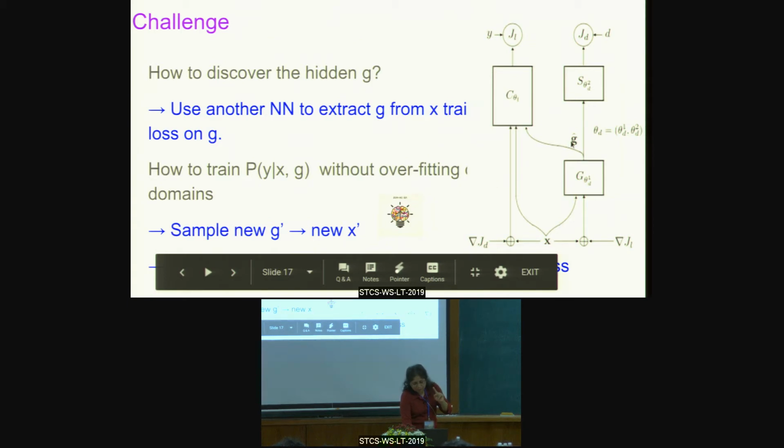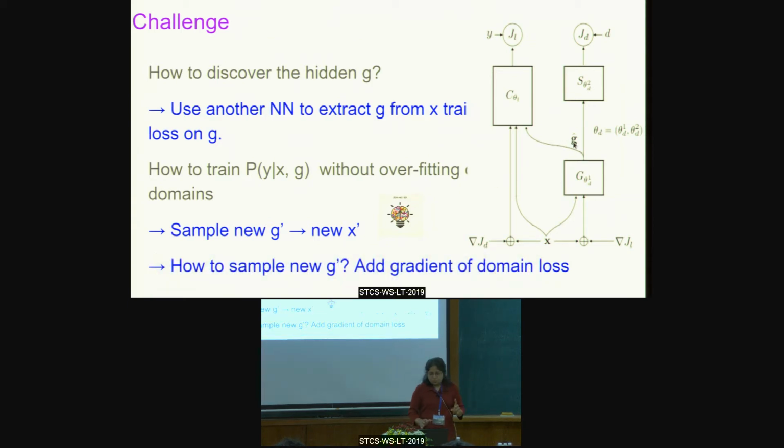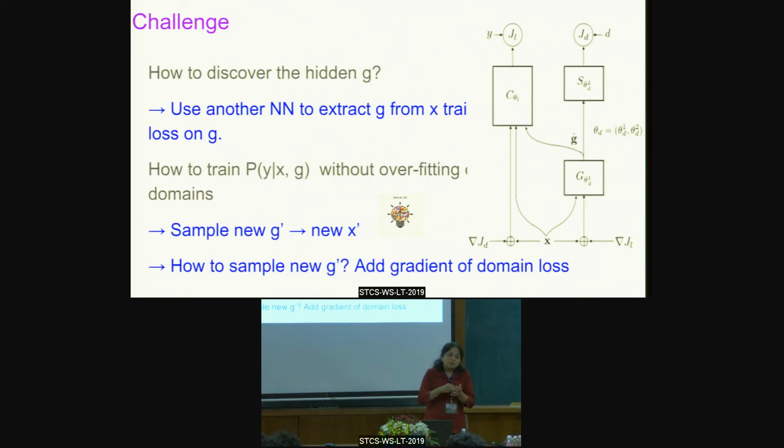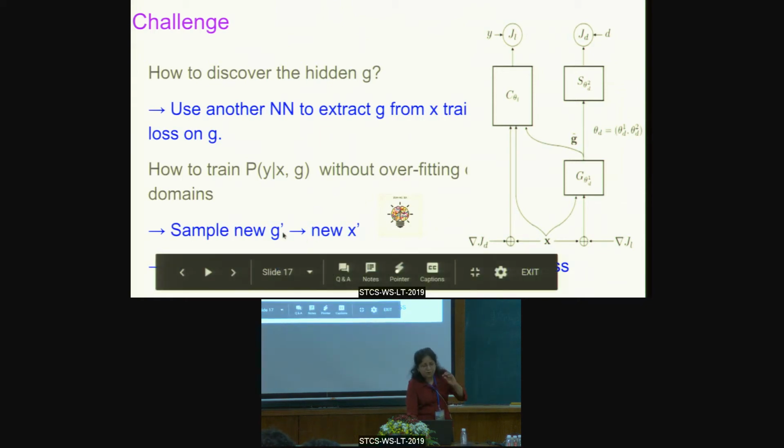First I will tell you how we generalize to new domains. Even if you just have G there, it still does not ensure that you can generalize to new domains. In fact, when we first trained this network with just this part, it was overfitting very happily on the training domain. This is the second place where a light lit in our head: in order to generalize to new domains, you have to hallucinate new domains. So we sample new Gs.